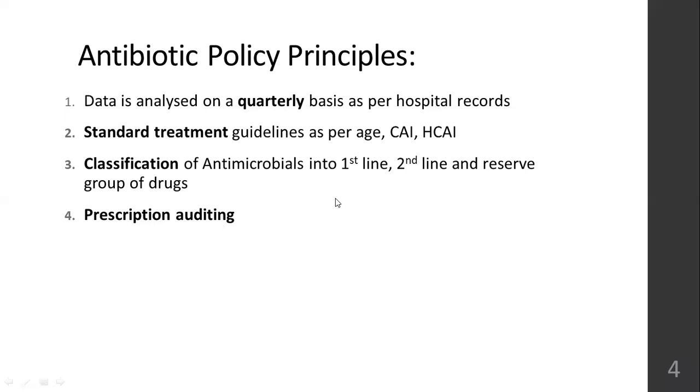So all those validations come from prescription auditing. You review antibiograms on a regular basis, and based on the antibiograms, whether the prescriptions are being done, and based on the prescriptions, whether the medicines are being distributed. So these are the different levels of prescription auditing.